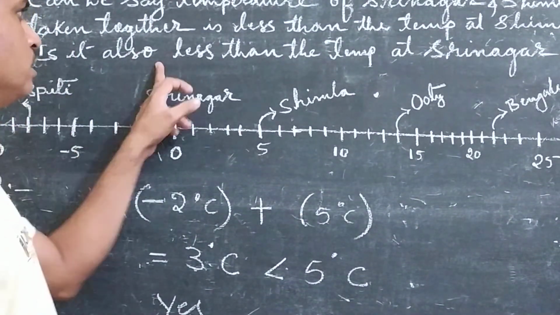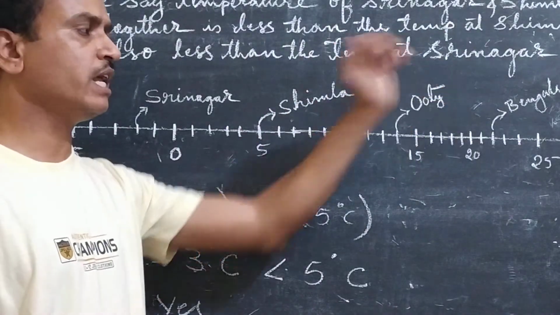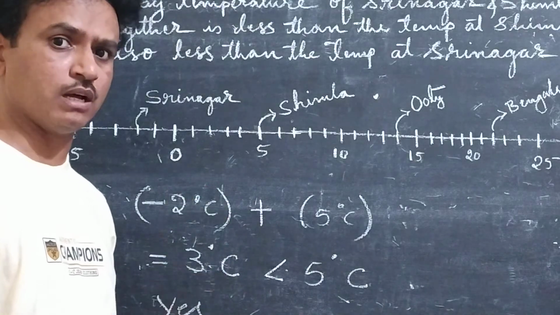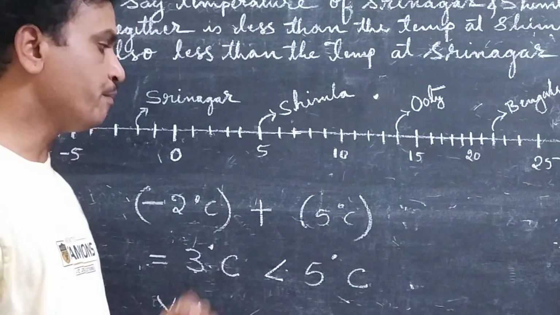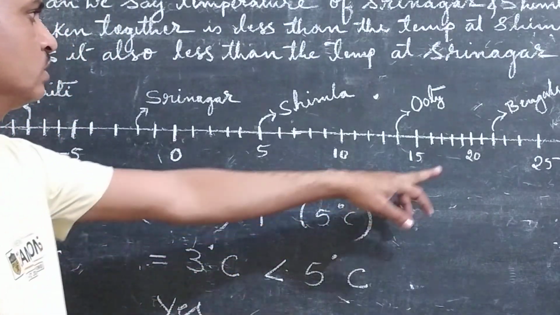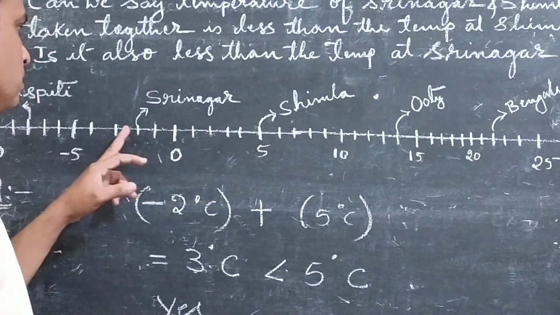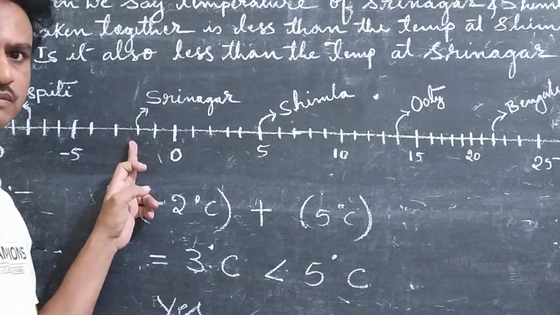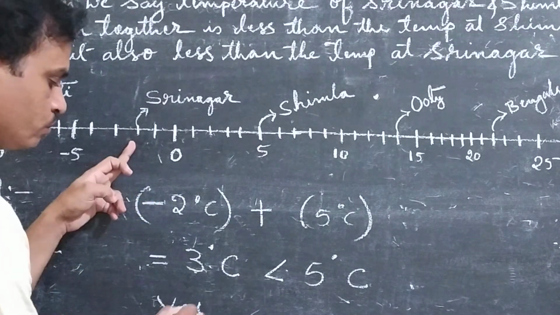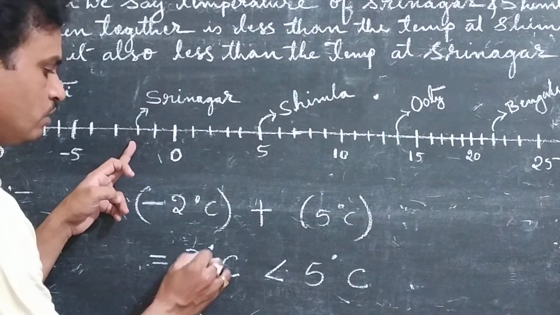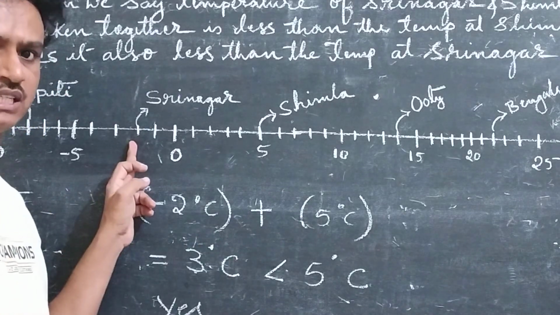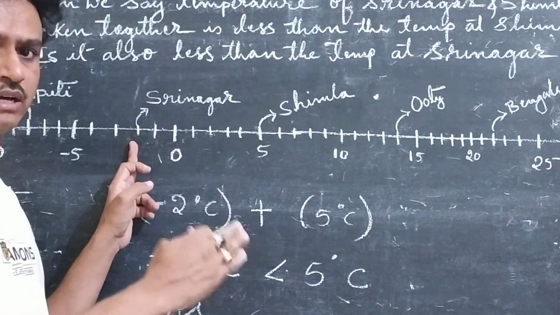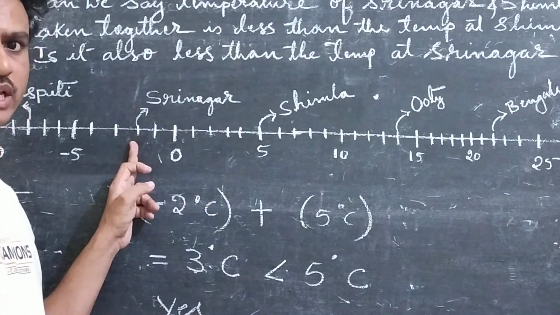Next point: is it also less than the temperature of Srinagar? What is the temperature of Srinagar? See here, the Srinagar temperature is -2 degrees Celsius. Now what we got is 3 degrees Celsius, and 3 degrees Celsius is greater than -2 degrees Celsius.